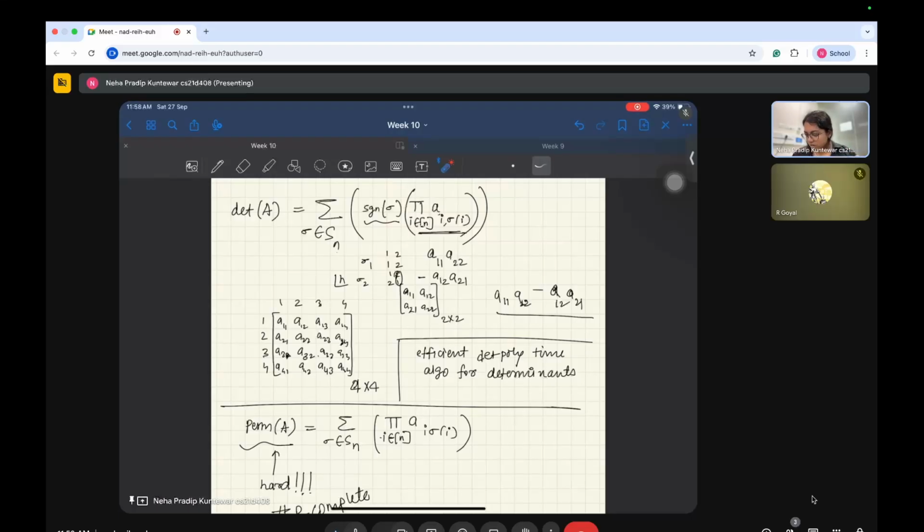But what I'm saying is that the fact that these are plus minus alternations does play a role.